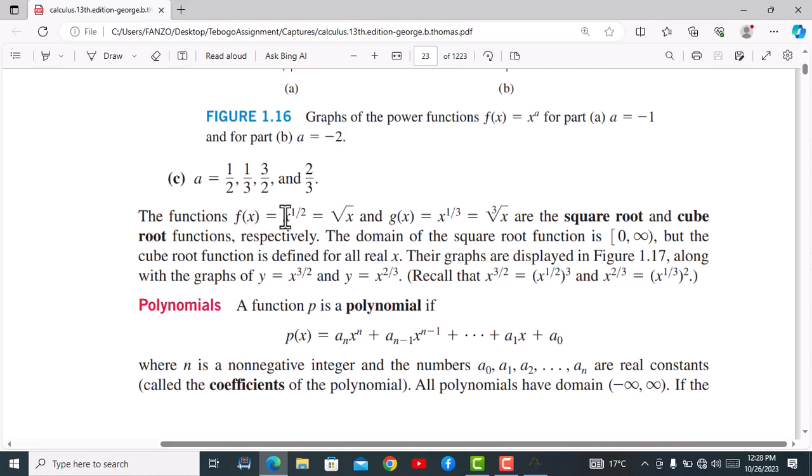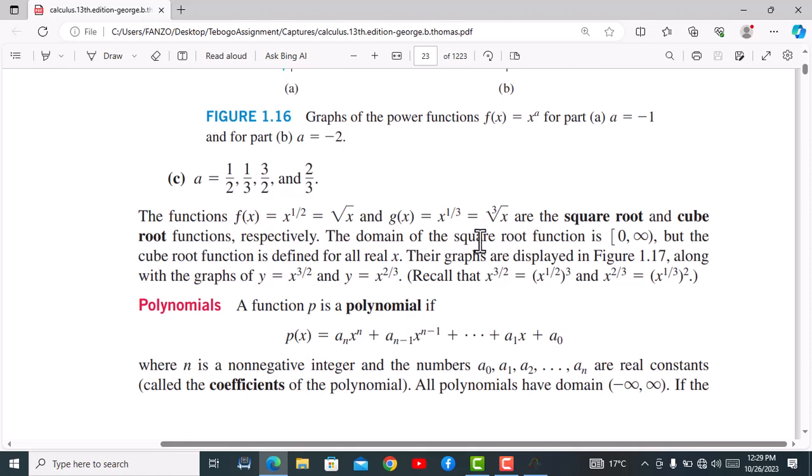The functions f(x) = x^(1/2) equals the square root of x, and g(x) = x^(1/3), the cube root of x. x to the exponent of 1/2 is the same as the square root of x. We know this from when we dealt with rational exponents: the square root and the cube root functions respectively.